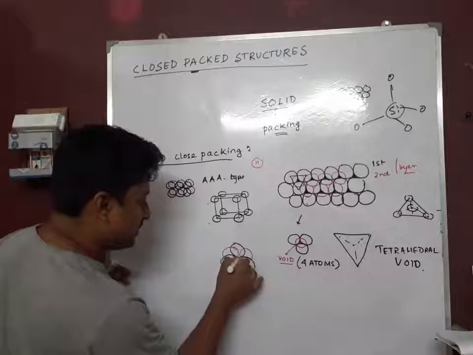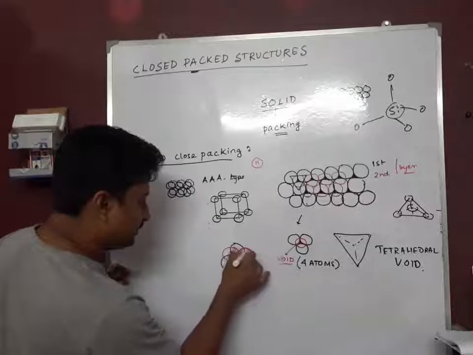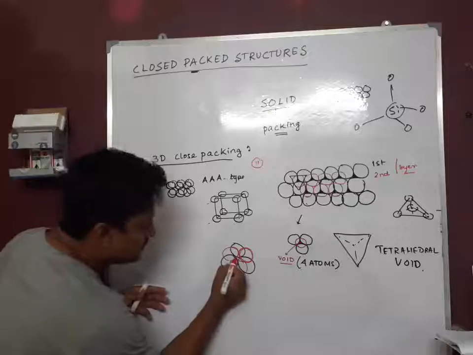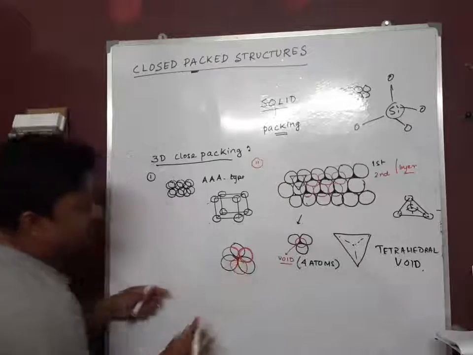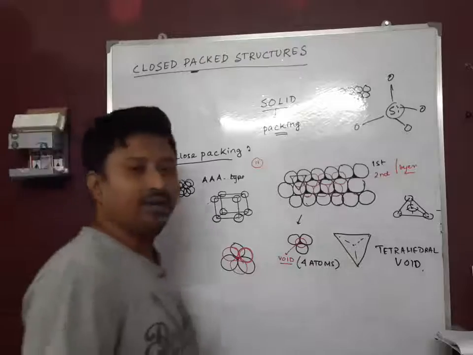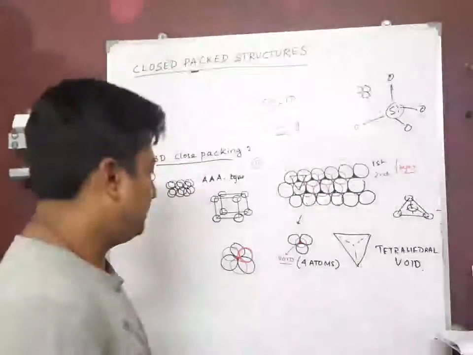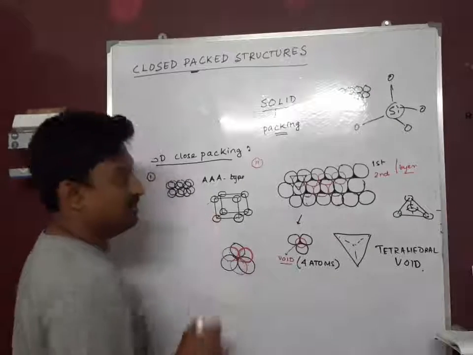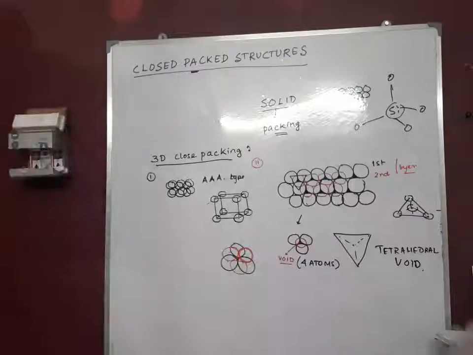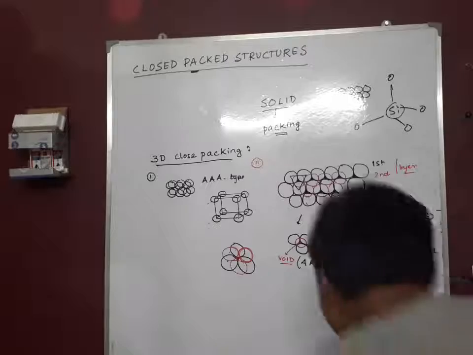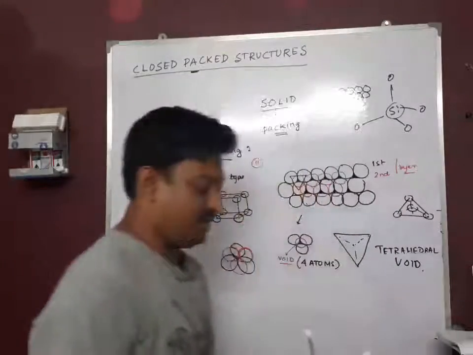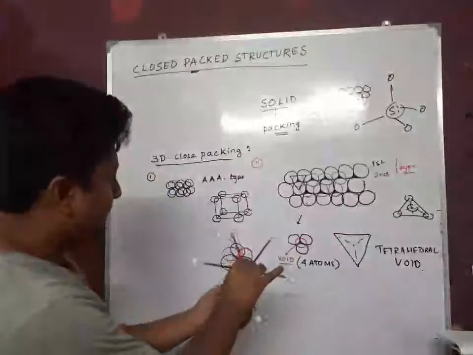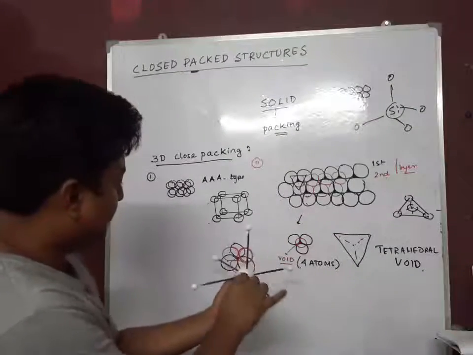They should touch each other anyway. If you see here, this particular void is surrounded by 6 atoms: 1, 2, 3, 4, 5, 6. And if I have a model of a tetrahedral structure and an octahedral structure here, it's a model of 6 atoms.